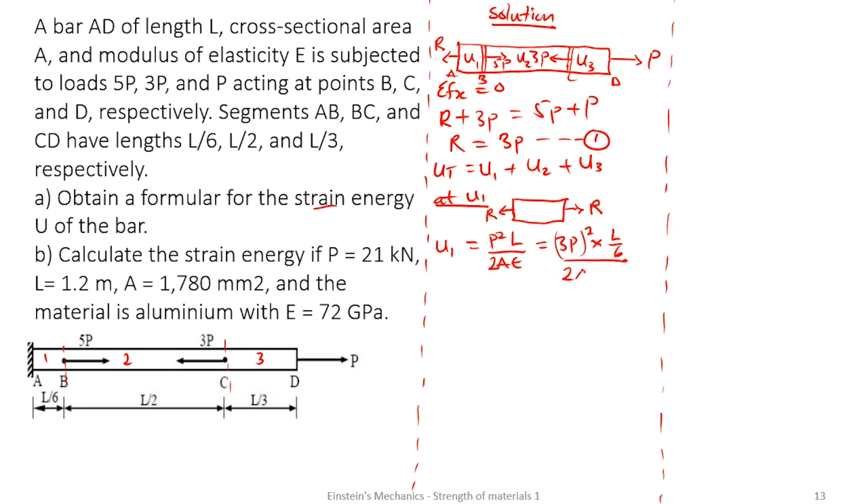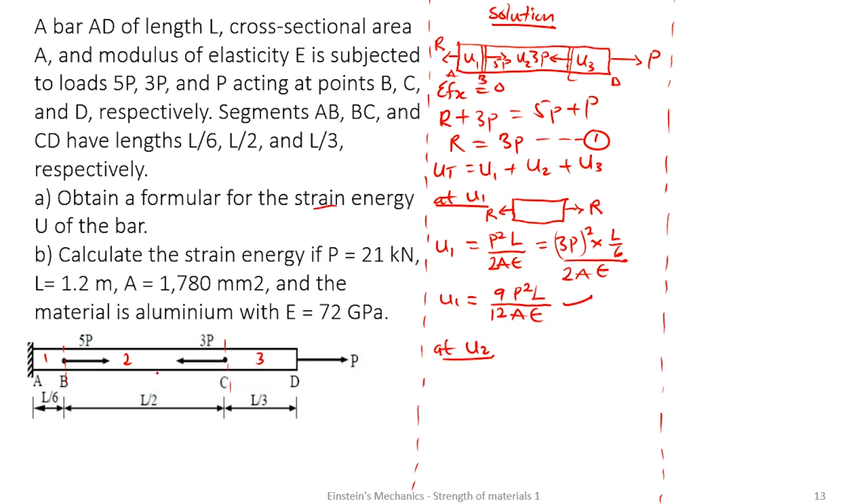AB is L on 6, over 2 times AE. So if I play with it, I'm going to get U1 to be 9 on 12 P squared L, like this for the U1. So at U2, what's happening?